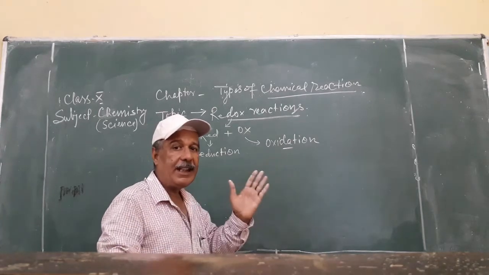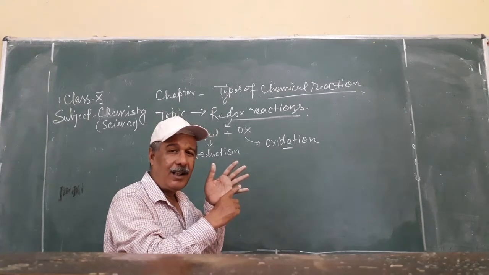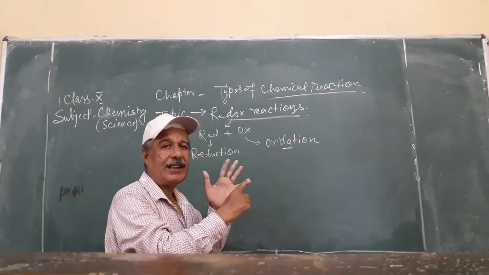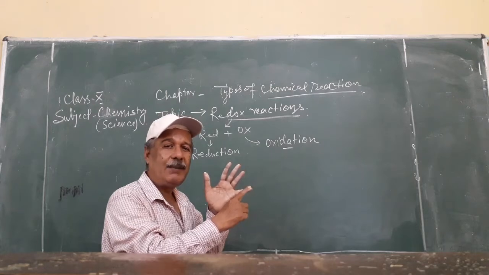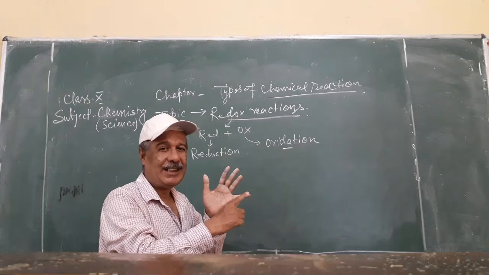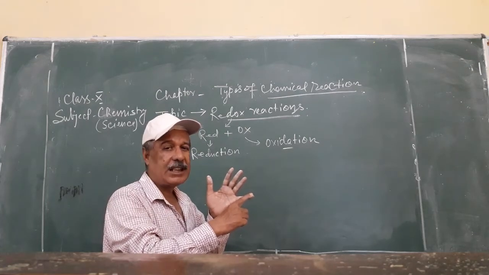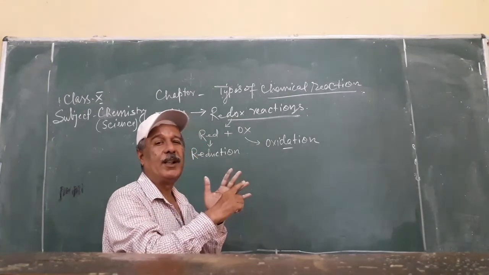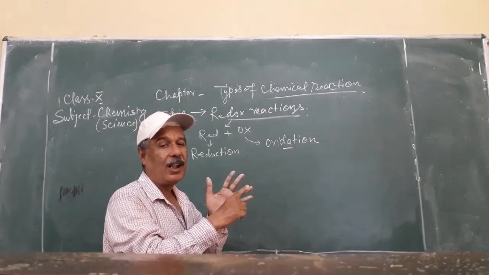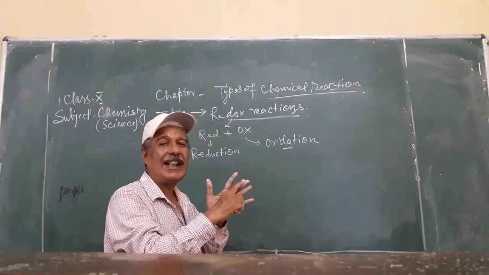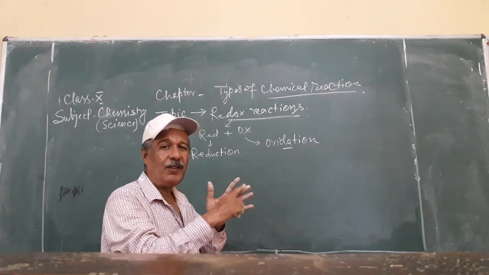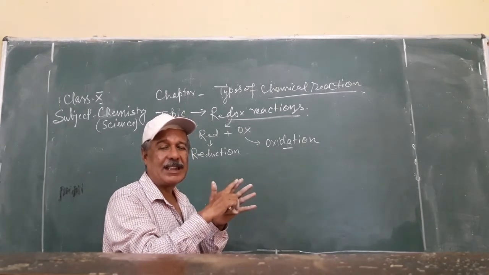See, when any material, number one, combines with oxygen, or number two, any material suffers a release of hydrogen, detachment of hydrogen, third, combination with a more electronegative substance or a release of a less electronegative substance.